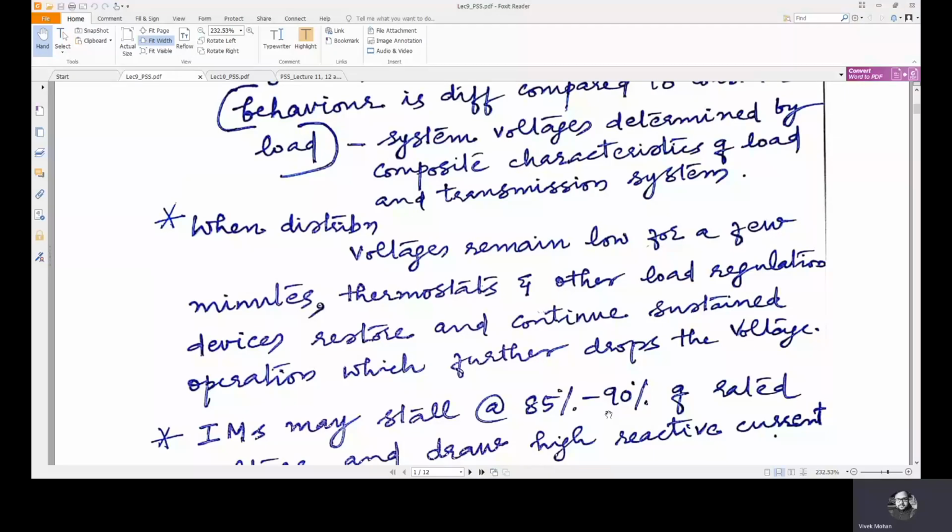So if the voltage drops, then the duration of operation of the air conditioner will be longer. Because of the voltage drop, there is already a problem in the system, right? The system is already stressed. With this, if the duration of such heavy loads is longer, then it will cumulatively affect the voltage drop, or compound the problem with the voltage profile.